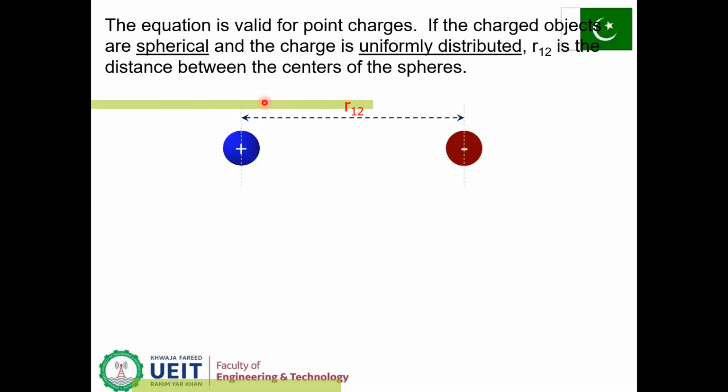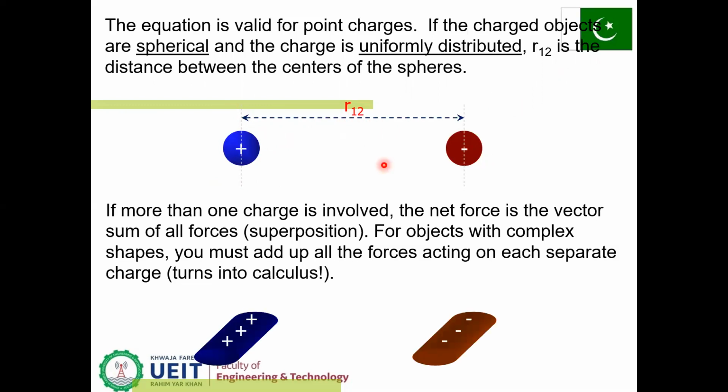R12 is the distance between the centers of the spheres. You can see in this figure a positive point charge and a negative point charge. The distance R12 is shown by the vector distance.